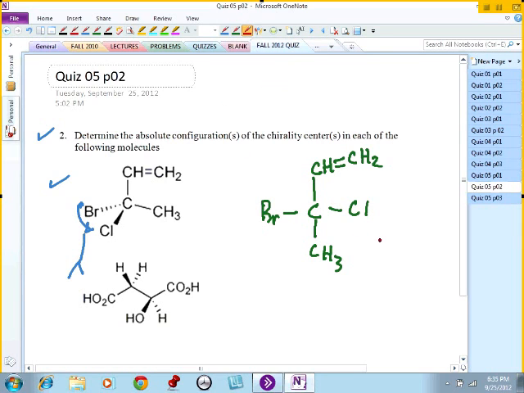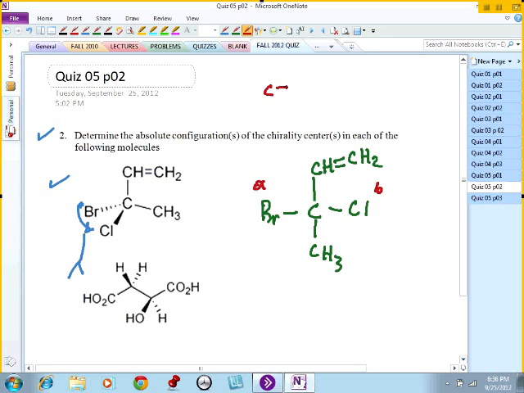Okay, so we're going to start. What is priority A? Bromine. Priority B, chlorine. C, what is C? Why the double bond? Okay, very good. Okay, this is the trick.